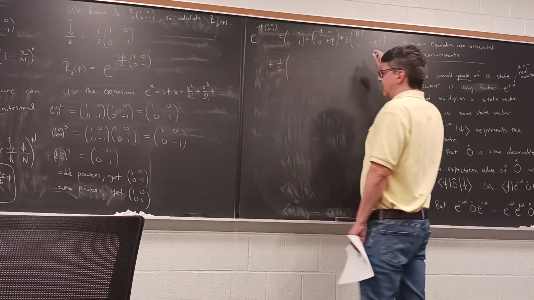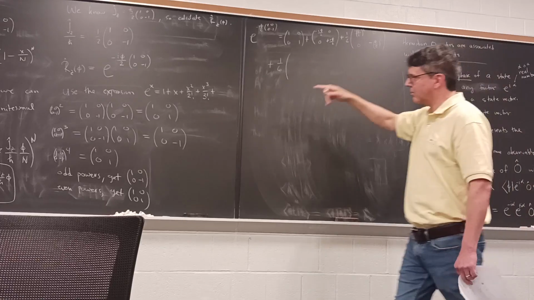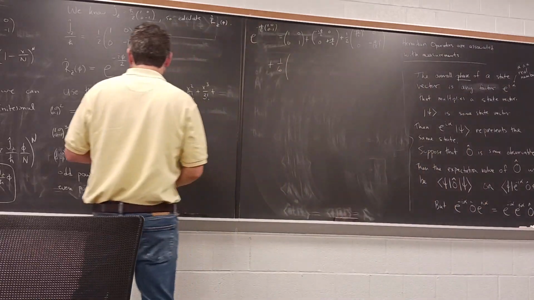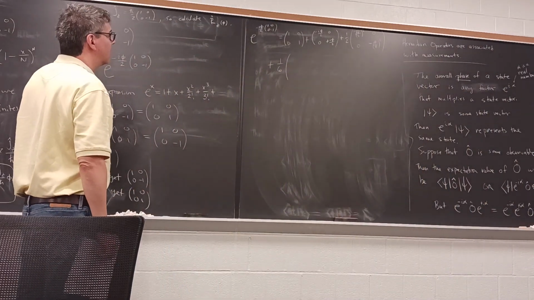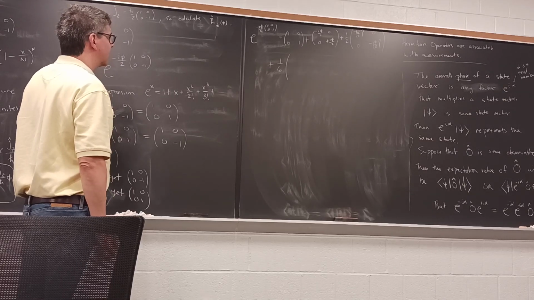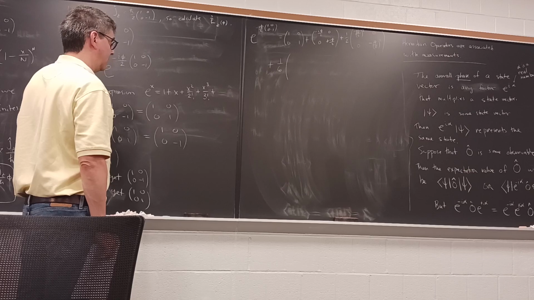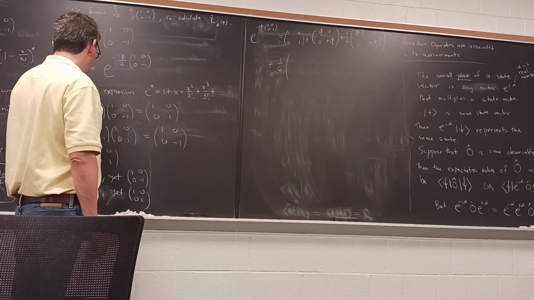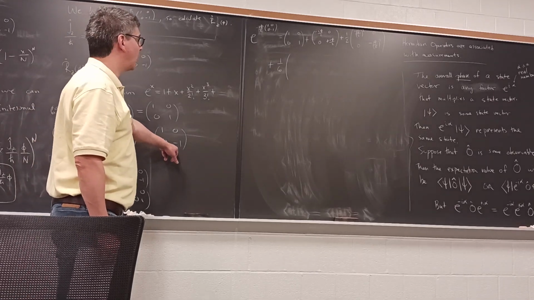Oh wait, let's see. When I squared it, those have different signs. And then I squared it, and I got the same sign there, and then now I want to cube it, and I'll be back to a minus 1.